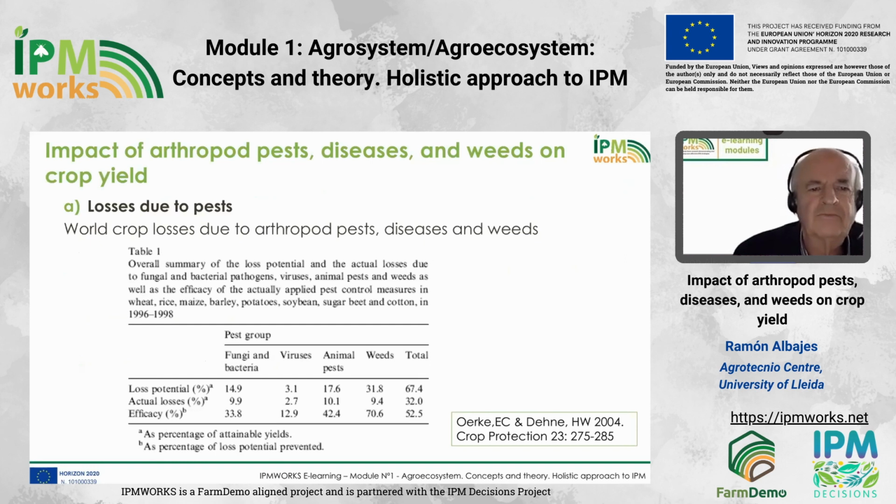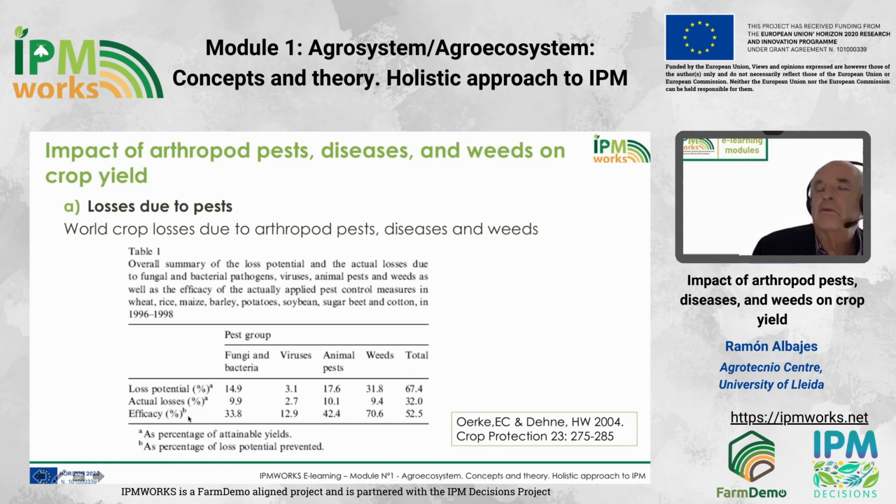Here in this table, you will see the percentage of loss potential due to fungi and bacteria, the viruses, animal pests, and weeds. And this is the total. So, for instance, in the world, more or less 15% of the potential yield is lost by fungi.